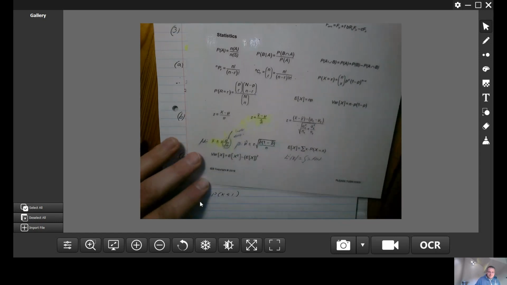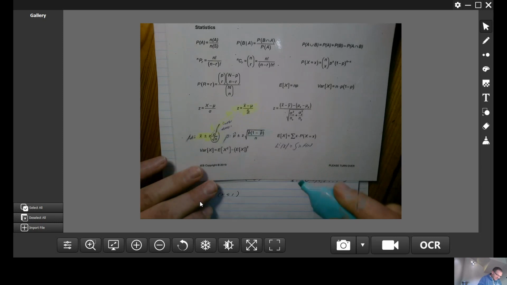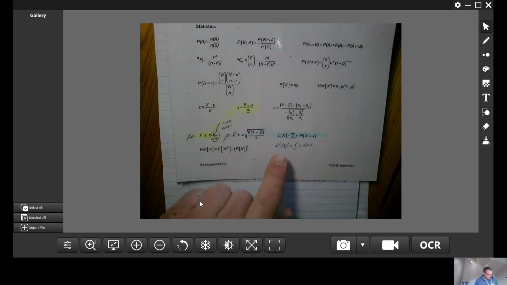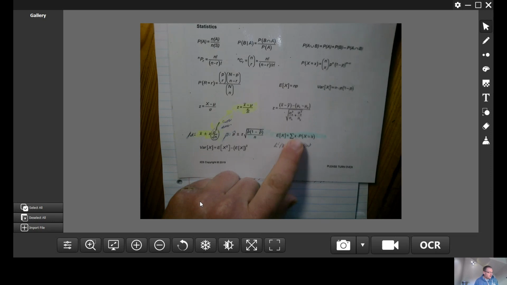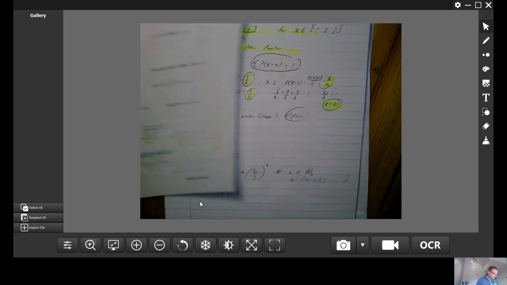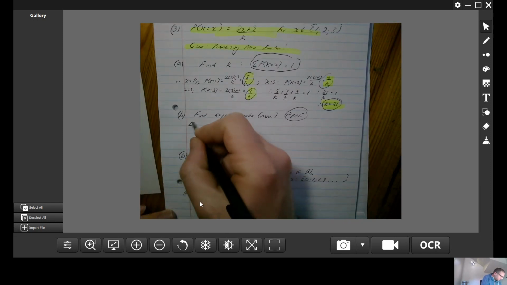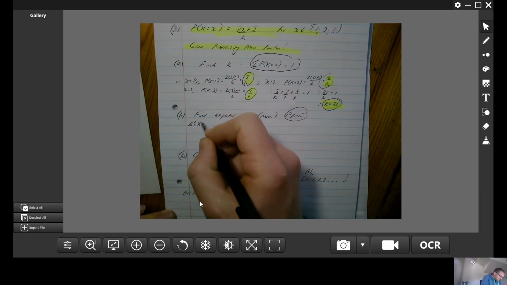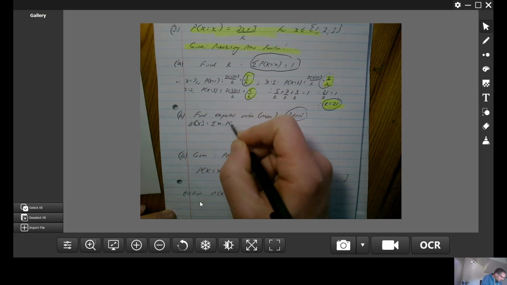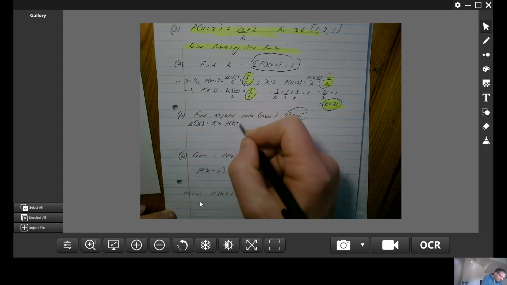That formula is given to you over here: E of x is equal to the sum of the x value times the probability of x happening, for each individual one. So that's your key formula here. E of x is equal to sigma x times P(x): you times every x value by its own probability and add them up.